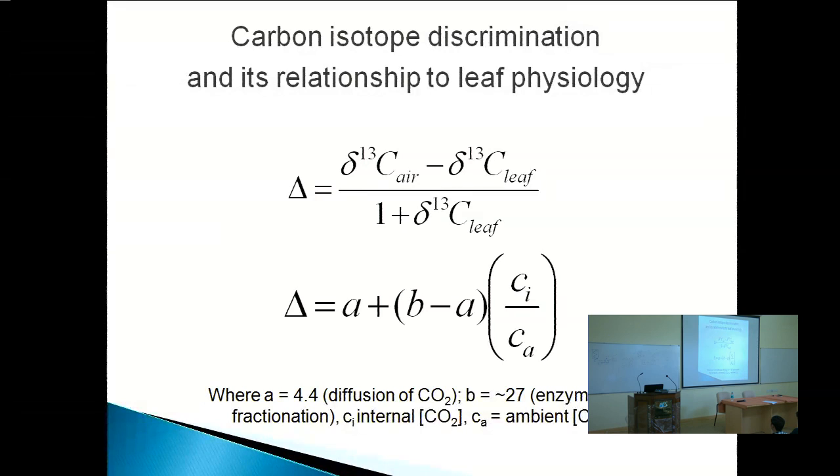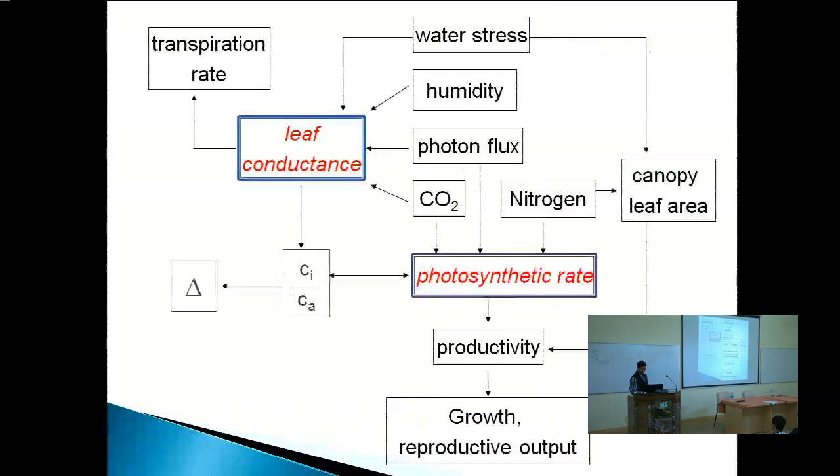This discrimination factor is again driven by the ratio Ci/Ca, the concentration of CO2 inside and what is there in the atmosphere. So if I get this discrimination, you can talk about the variability of CO2 concentration in the atmosphere. People have used this to talk about CO2 concentration variabilities in the past.